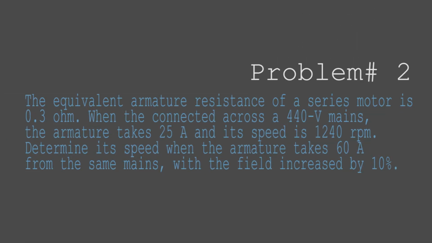Problem number 2. The equivalent armature resistance of a series motor is 0.3 ohm. When connected across a 440 volts mains, the armature takes 25 ampere and its speed is 1240 rpm. Determine its speed when the armature takes 60 ampere from the same mains with a field increase by 10%.